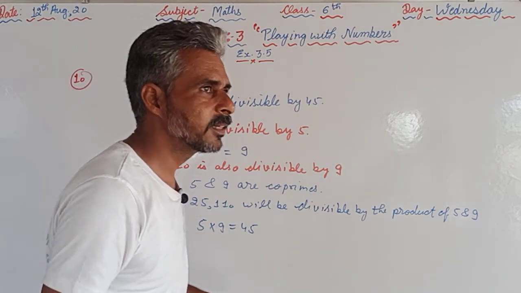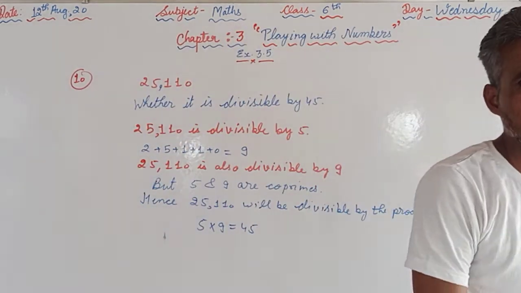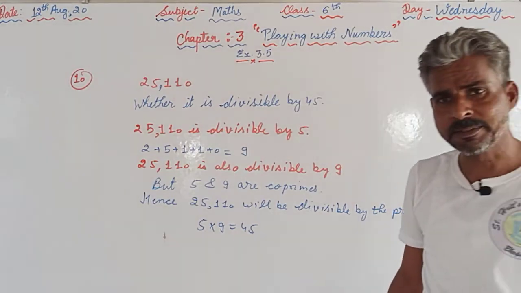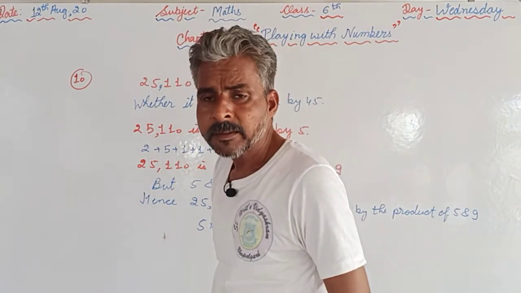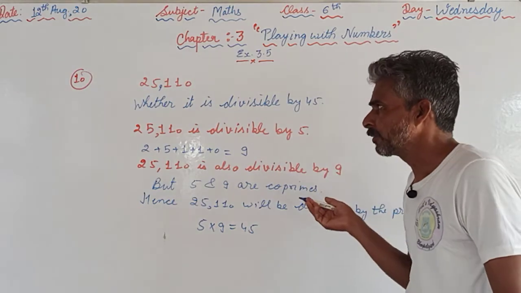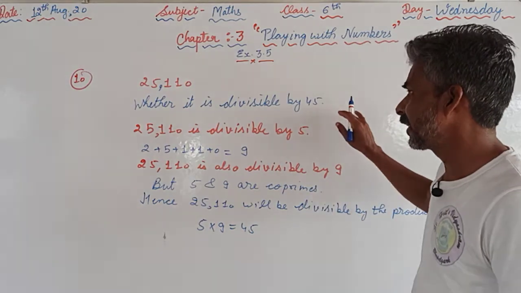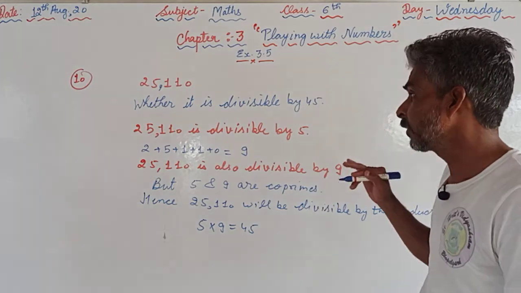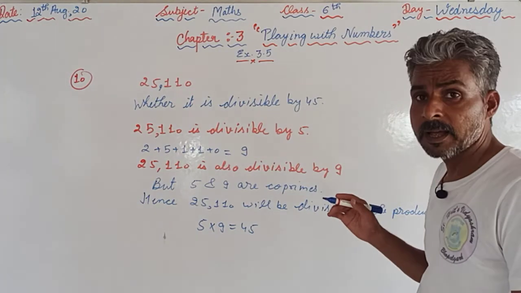So if any number is divisible by any two co-primes, then that number will also be divisible by their product. That is the rule. So as this number 25,110 is divisible by 5 as well as by 9, and 5 and 9 both are co-prime. These are not prime.